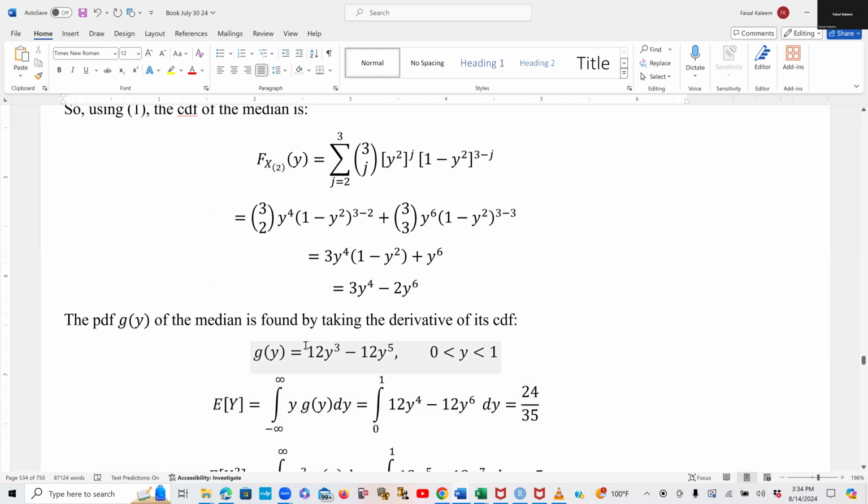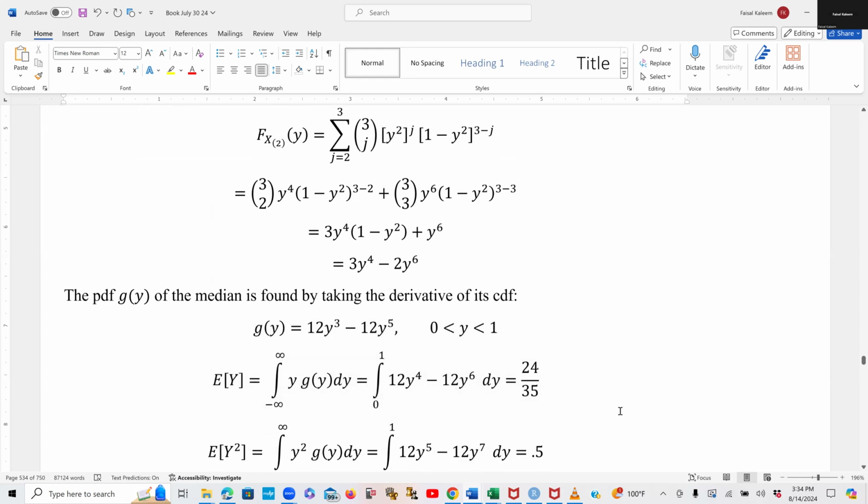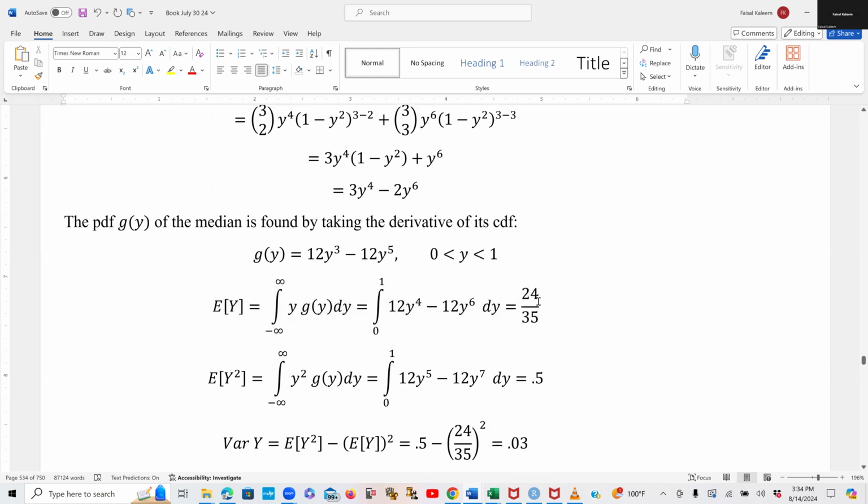Once we have the PDF, we can find both. E[Y] is the integral of y against the PDF, so y times g(y) would be 12y^4 minus 12y^6, and we need the integral of that. That comes out to be 24 over 35 once you integrate and substitute the limits.